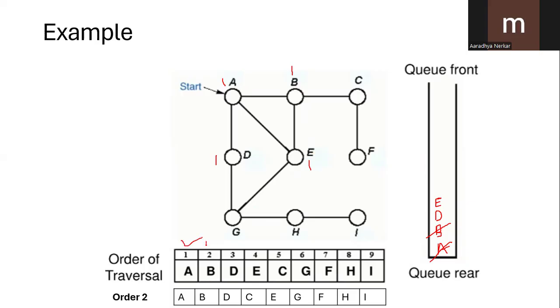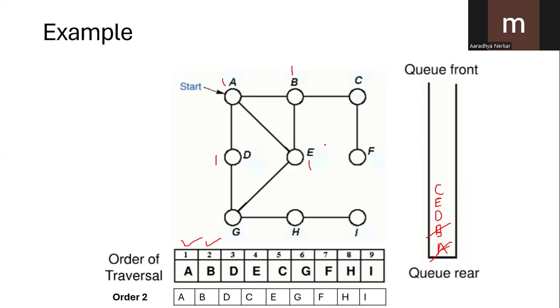So node A is displayed, node B is displayed. After that, we will check all the adjacent vertices which are not yet visited and enqueue them in the queue. So there is only vertex C which is not yet visited. So that vertex C is enqueued in the queue.